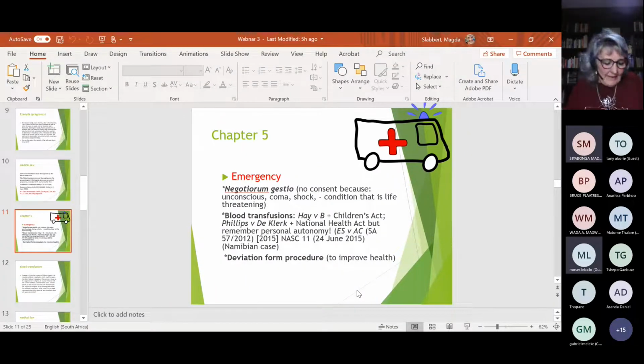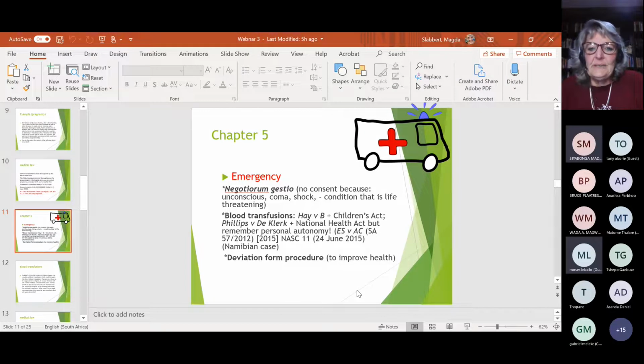Okay, then your other defense can be you acted in an emergency. Now, under emergency, we've got the Latin negotiorum gestio. That is where someone took control on your behalf. They do not need the consent because you were unconscious, either in a coma or shock, and it is life-threatening.